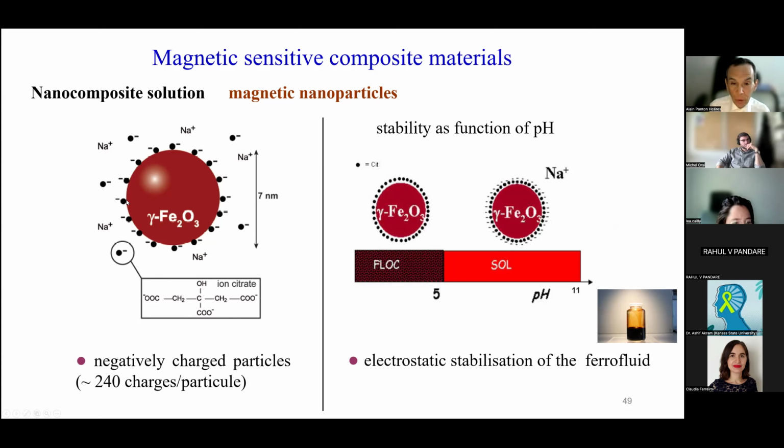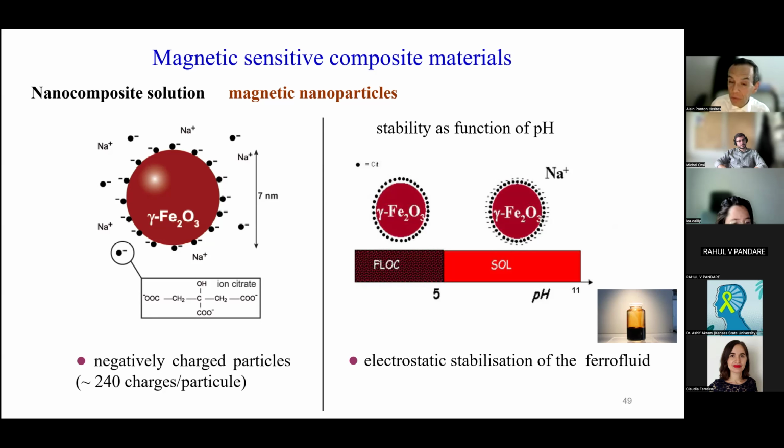And at the end of the first step of synthesis, the point of zero charge for which flocculation occurs is about 7. So it is a problem because we want to introduce these magnetic nanoparticles in aqueous polymer solution. And the pH of the polymer solution is around 7.